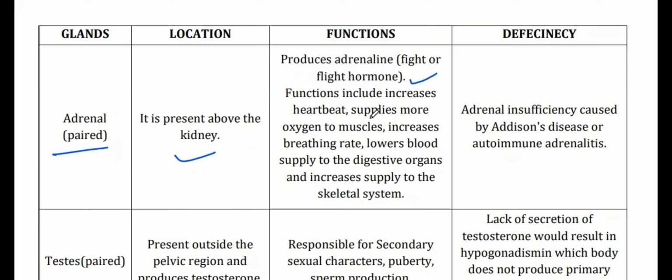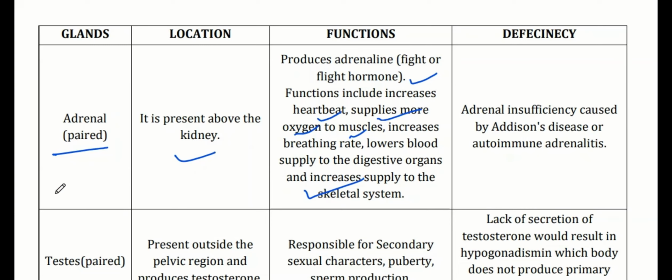Functions include increasing heartbeat, supplying more oxygen to muscles, increasing breathing rate, lowering blood supply to the digestive organs, and increasing supply to the skeletal system. Adrenal insufficiency is caused by Addison's disease or autoimmune adrenalitis.